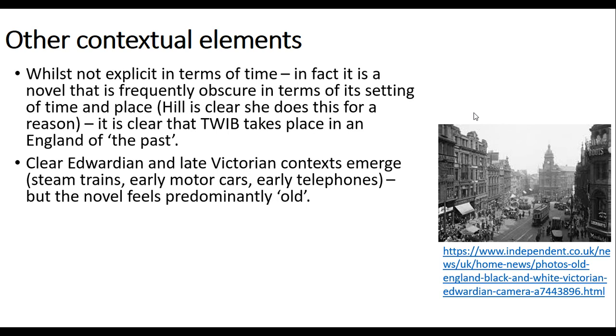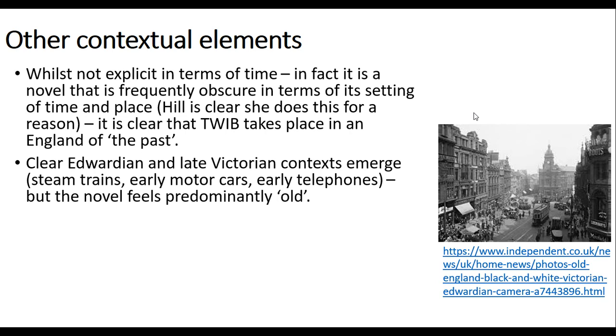There's a nice article here to have a look at, which gives us an idea of what the Victorian and Edwardian reality was, or not 100%, but it gives you some pictures of what Victorian and Edwardian life would really be like. Interestingly, we get an idyllic perspective on this at the beginning of the novel.